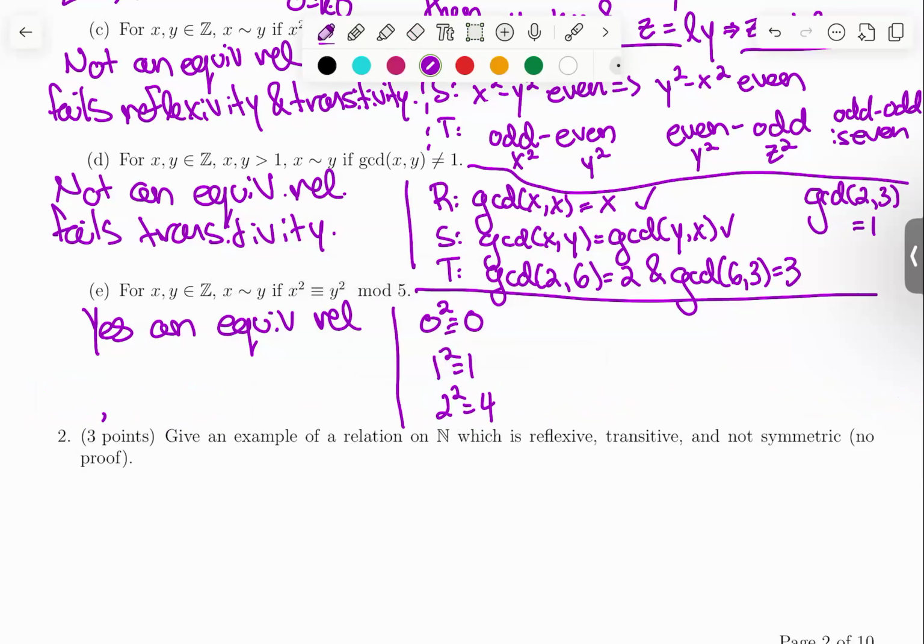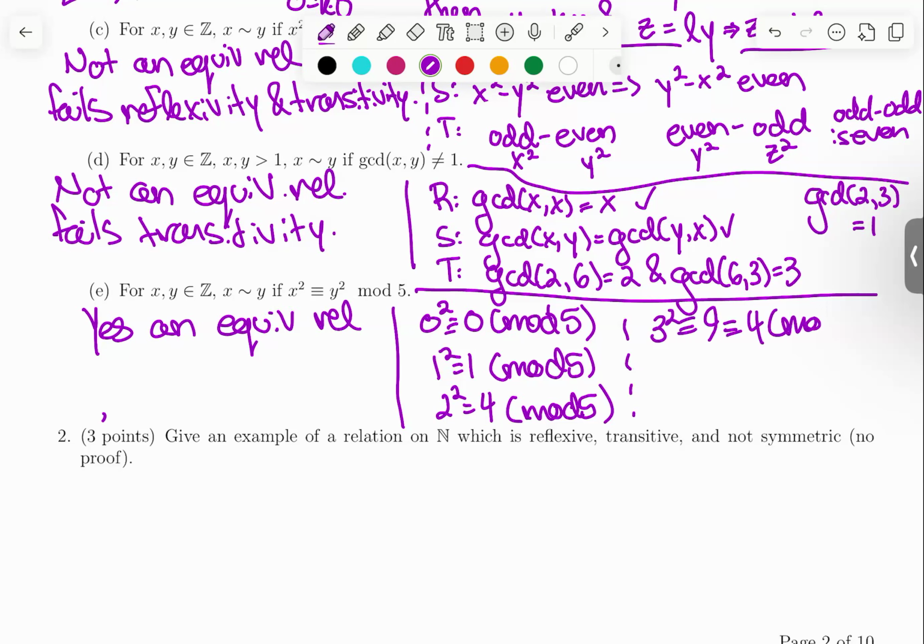I should really make these 3 lines and talk about mod 5. Mod 5. Who's next? 3 squared is 9, which mod 5 is 4. And then last but not least is 4 squared, which is 16, which mod 5 is 1. Okay, so who twiddles each other?